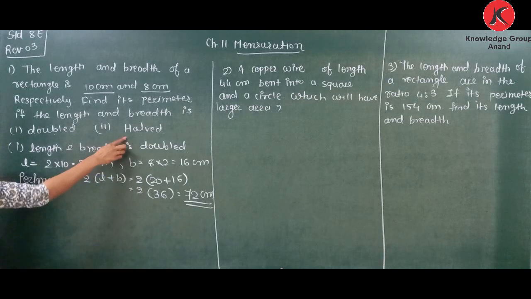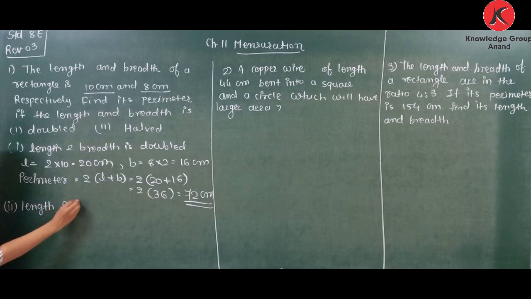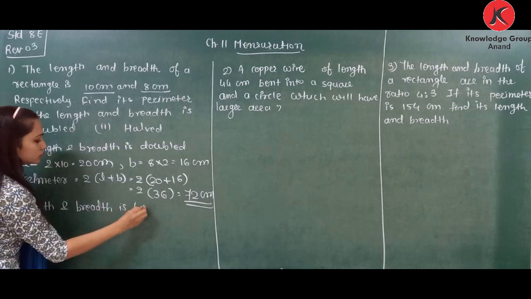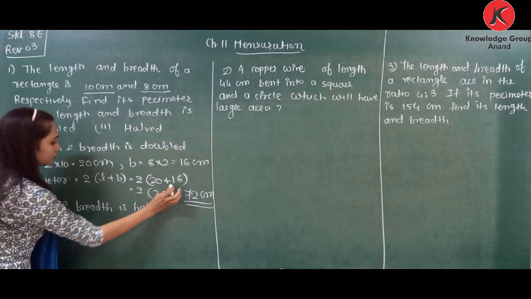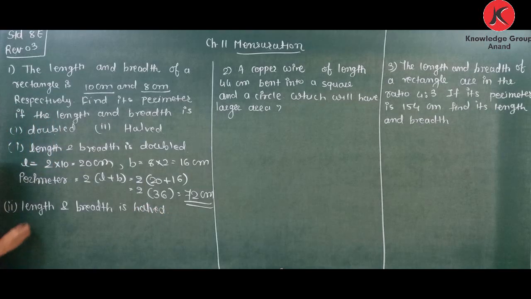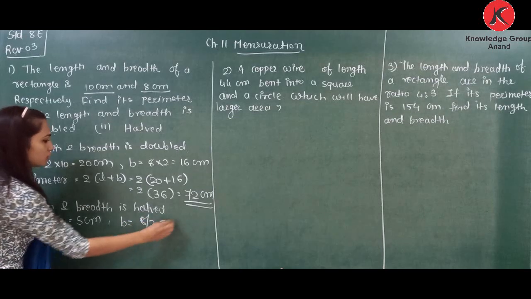Now next, when it is half, let's consider the length and breadth are halved. So the length will be 10 by 2, it is 5 centimeter, and the breadth will be 8 by 2, so it is 4 centimeter.